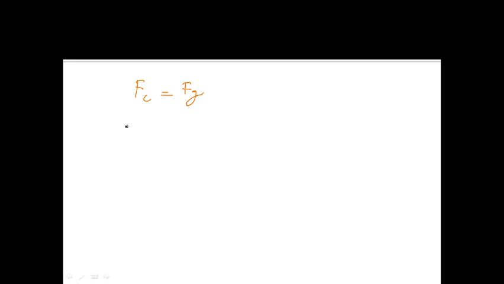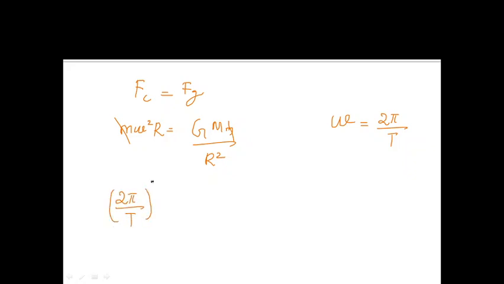So here m omega squared r is equal to G M m by r squared. You can see this small m will cancel out, and omega and time period are related as omega equal to 2 pi by T. So instead of omega, let me write (2 pi by T) the whole squared into r cubed.